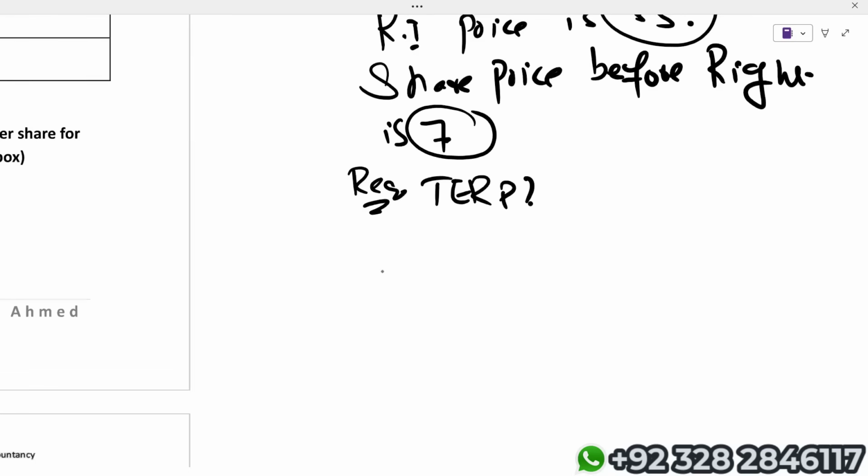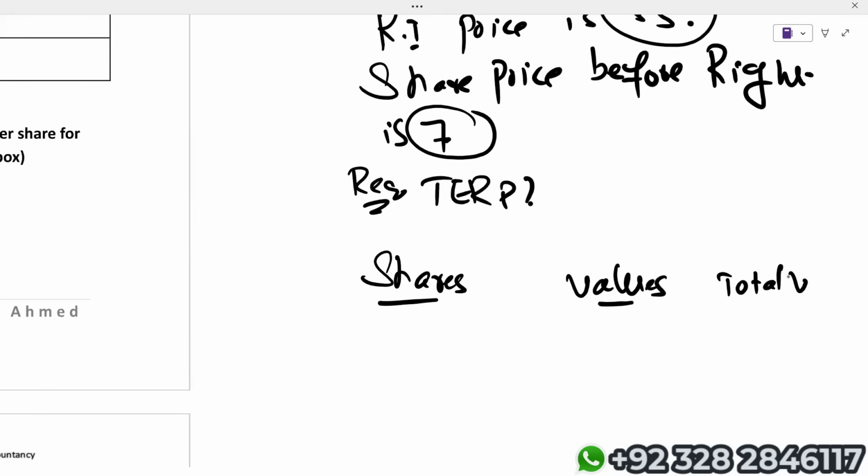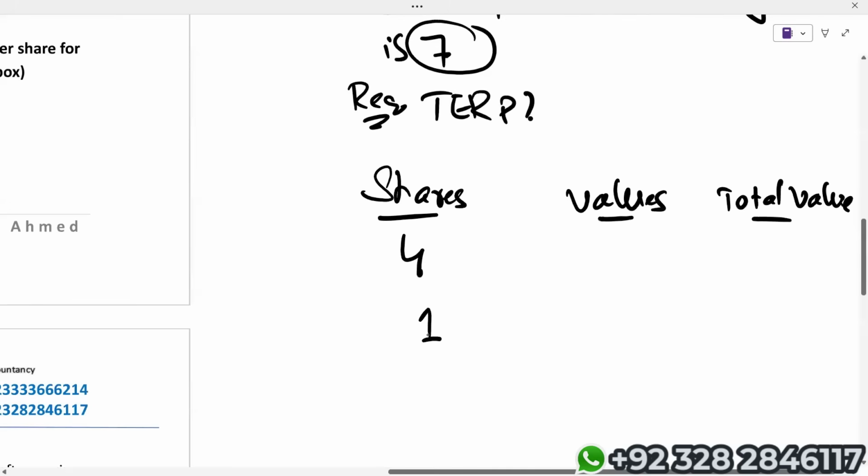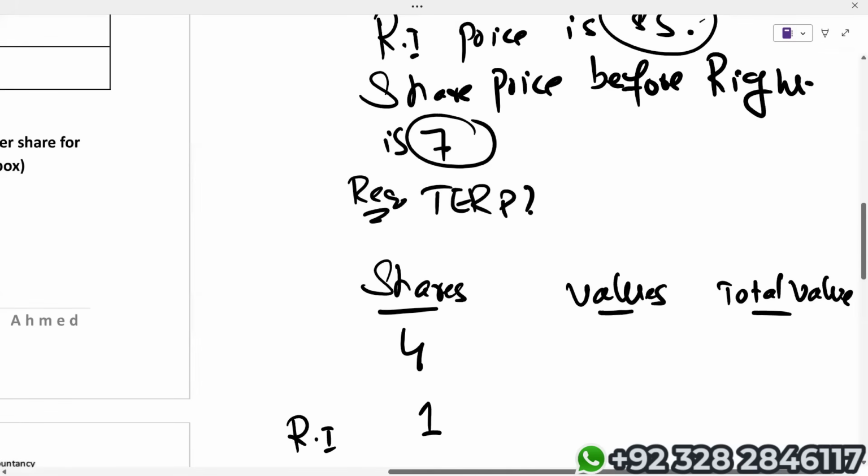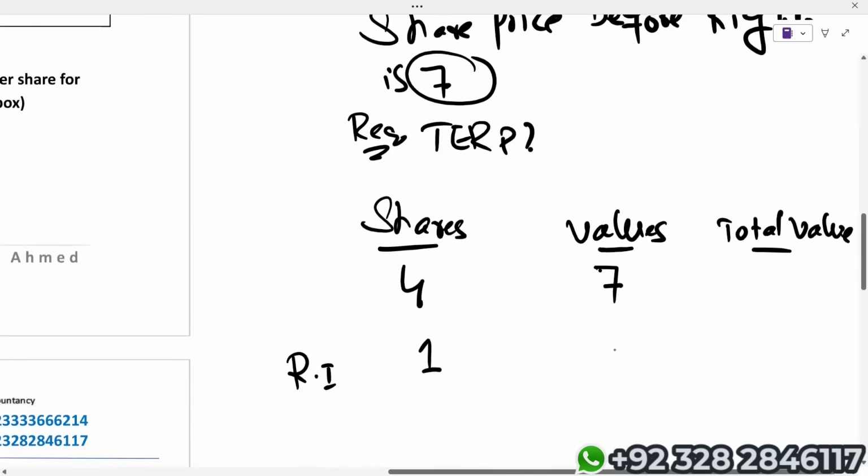Now, simply shares, values, and total value. Company is issuing one right against 4 shares. Share price before rights is 7. Rights price is 5.